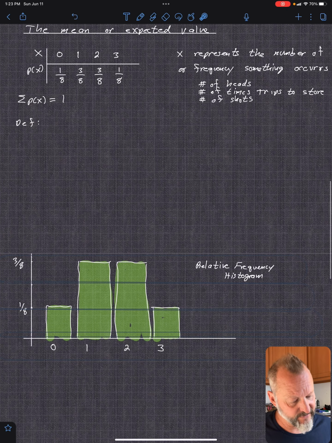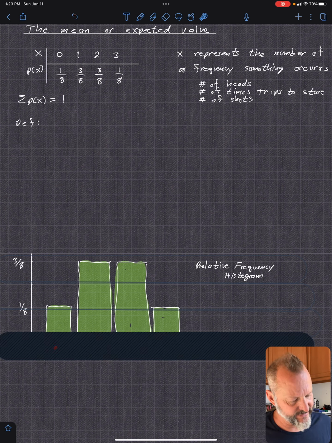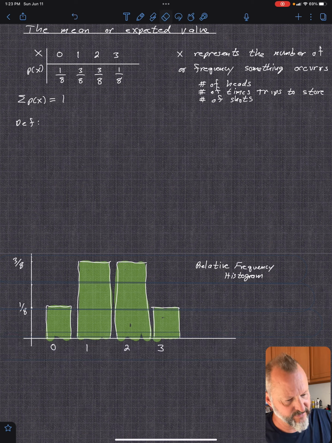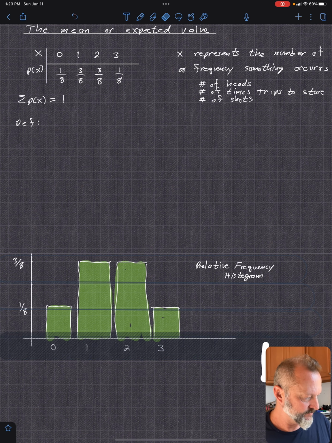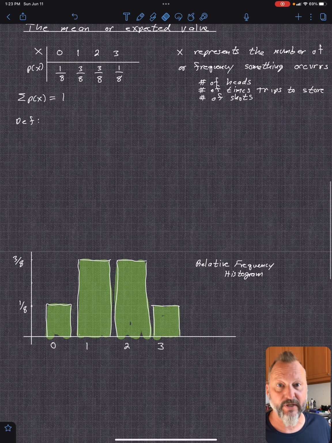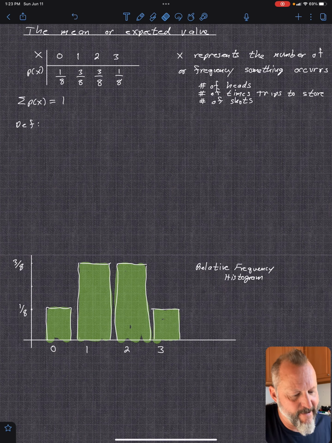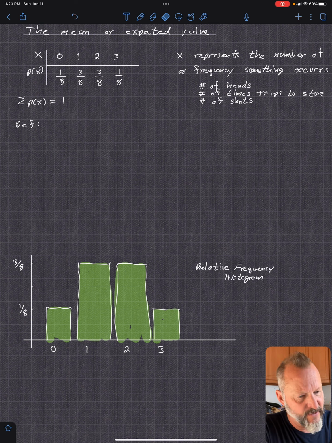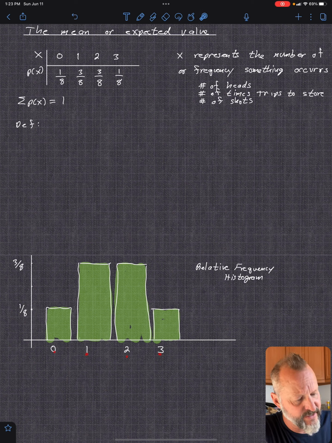You can see that you have 0, 1, 2, or 3.